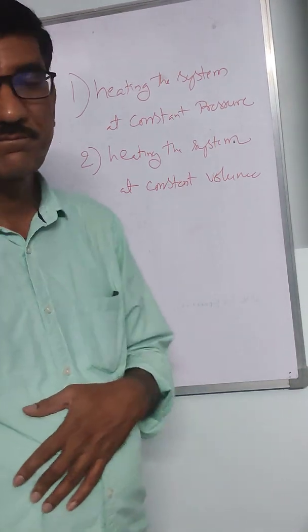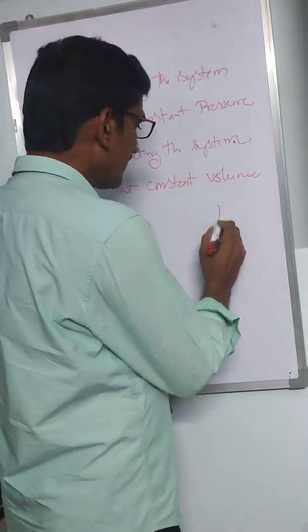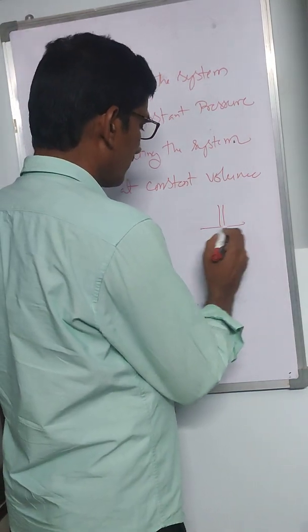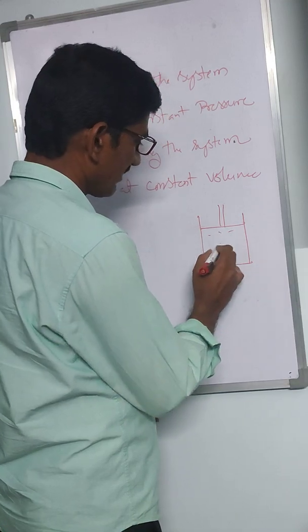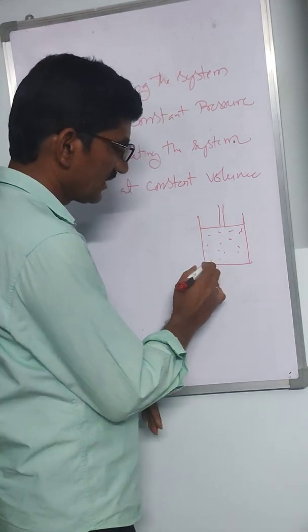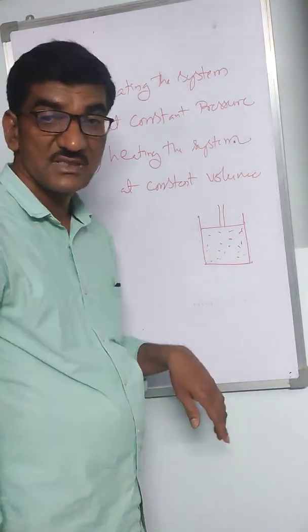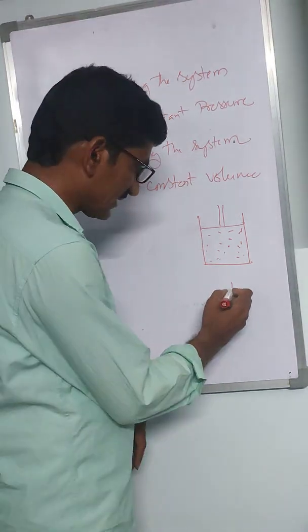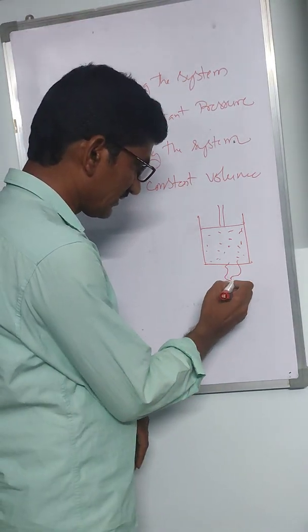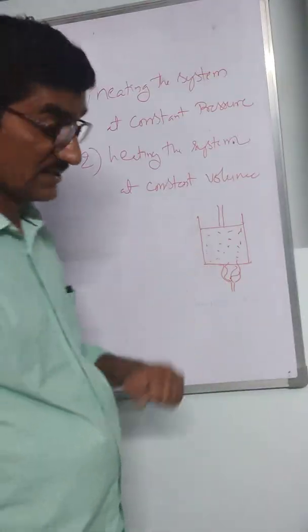Suppose that you are heating a gaseous system. This is a cylinder in which the gas is bounded. I am taking the gas in this cylinder as the system. Now we are heating this system with some flame.